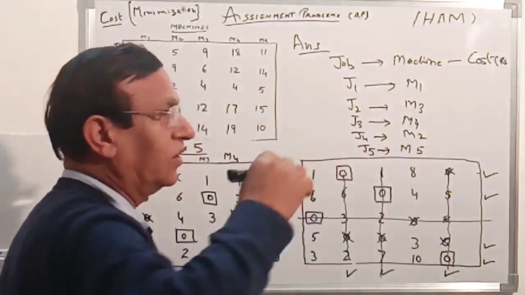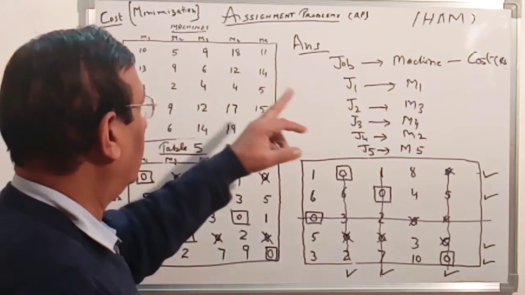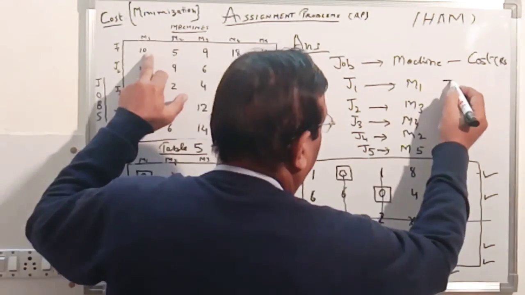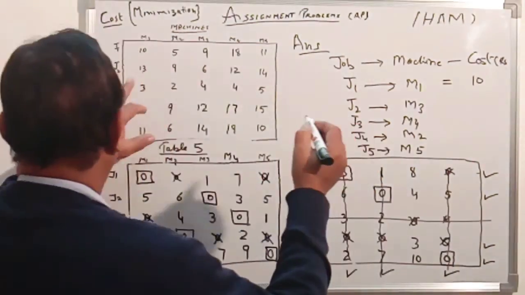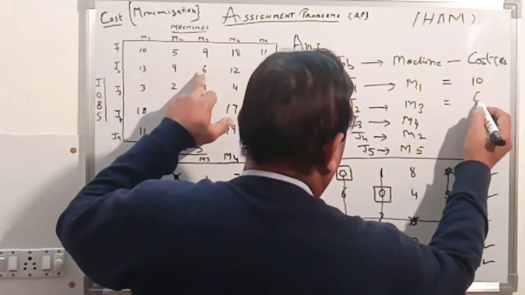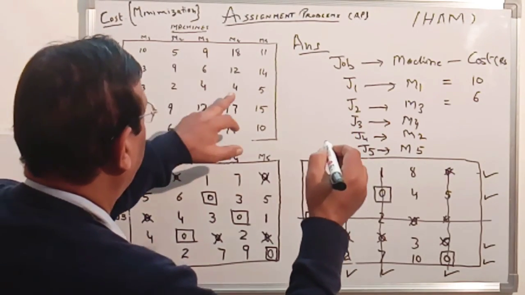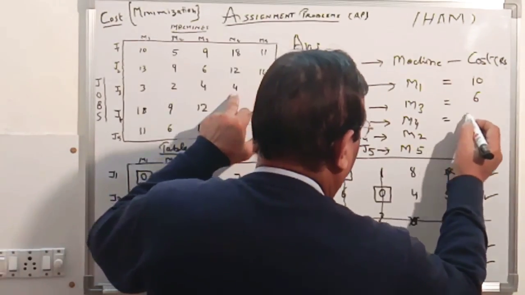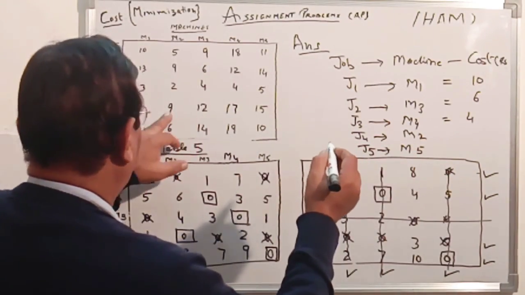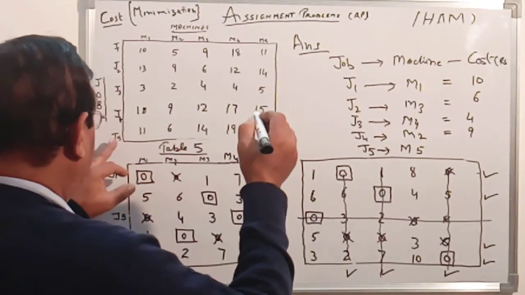And regarding cost, you have to check from the original table. J1 M1, the cost is 10. J2 M3, the cost is 6. J3 M4, the cost is 4. J4 M2, the cost is 9.